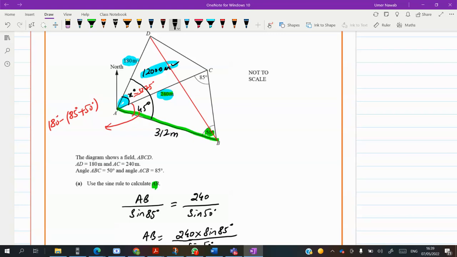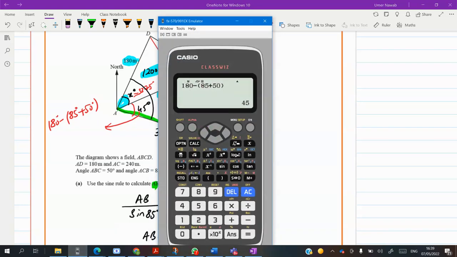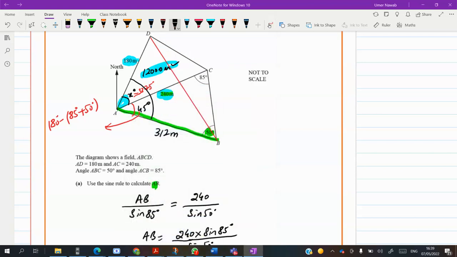Add them together. 33.75 plus 45 gives us 78.75. So this total angle is 78.75.